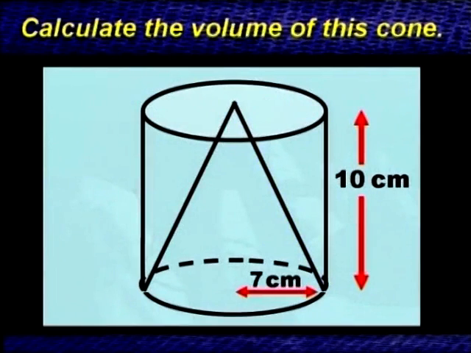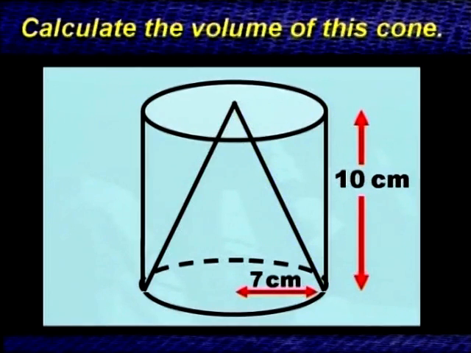Let's just go through this example together, all right? Now, here we have a cone in a cylinder. One thing about the cone in the cylinder, the bases are the same.